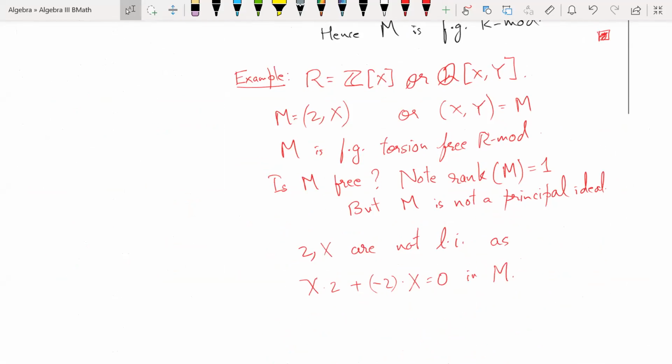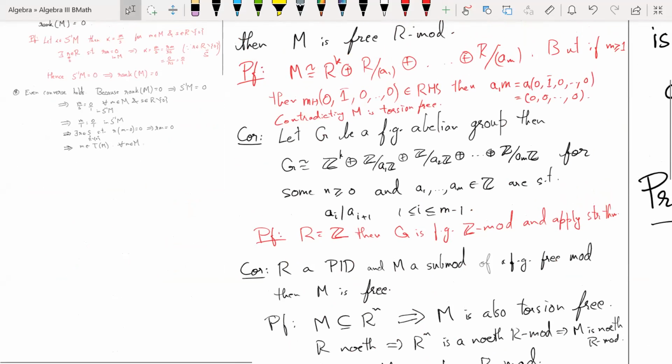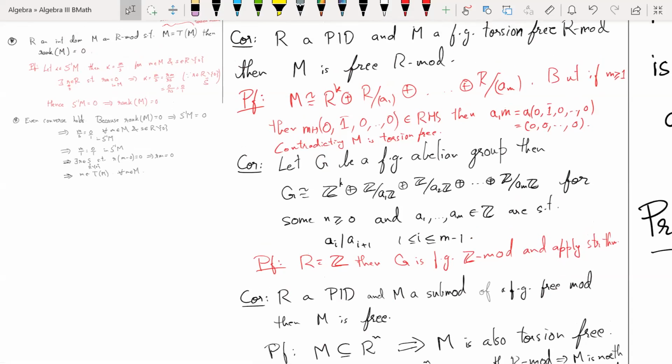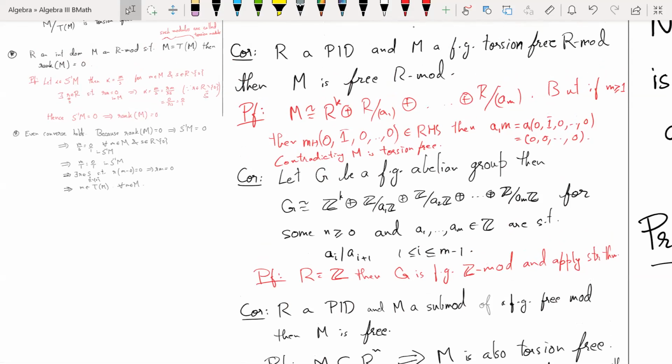And second is that even over a PID, so this was one example. Second is R a PID. We saw that we can't drop the hypothesis that R is a PID. Of course, if the module is torsion, then it has no chance of being free over a PID, right? Free means it has to be of the form R power n.